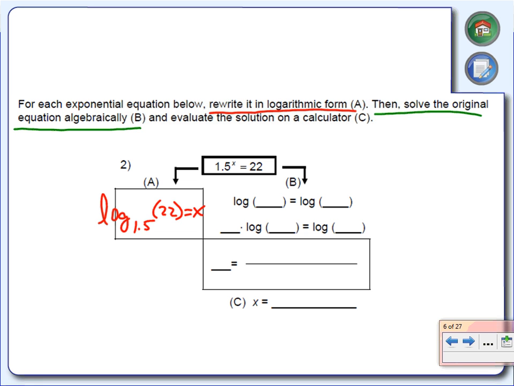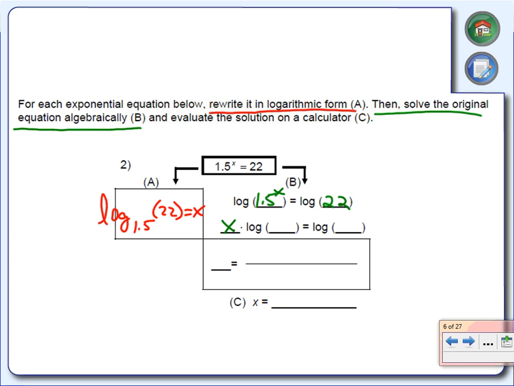Now let's move on to part B, which is to solve the equation. And the way we solve the equation is by taking the log of both sides. So I got log of 1.5 to the x power is equal to the log of 22. Now I'm going to use that property that says the exponent is the same thing as multiplication.